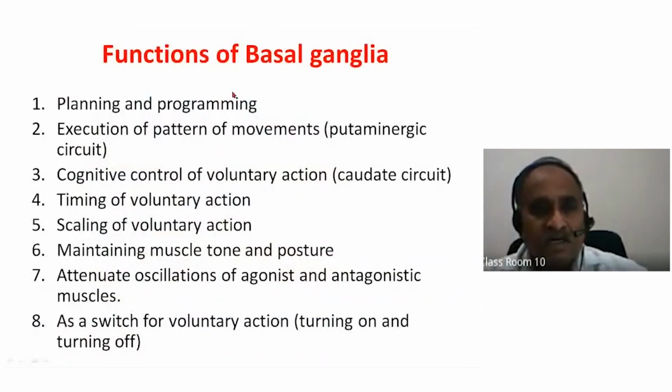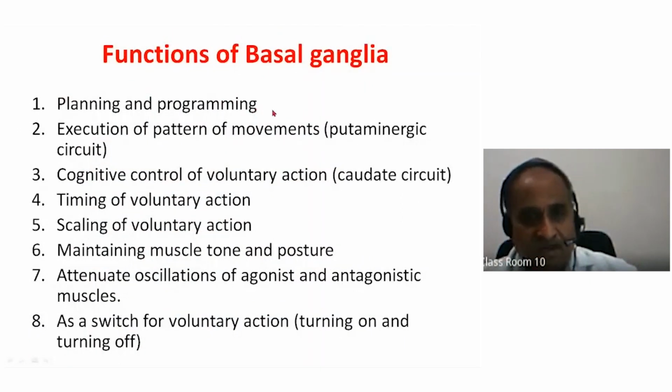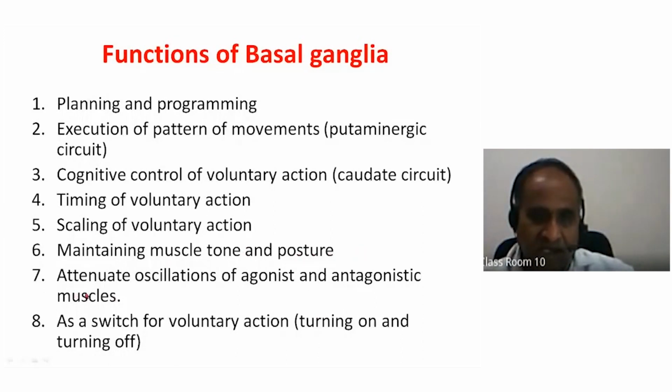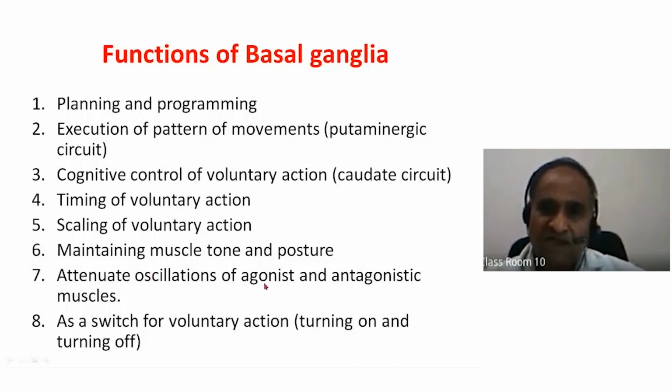Now, the functions of the basal ganglia are planning, programming, and sequencing of the voluntary movement, execution of the pattern of movements that involves the putaminergic circuit, executing the cognitive control of the voluntary action, the timing of voluntary action, scaling of voluntary action, maintaining the muscle tone and posture required for the voluntary action, and dampening or attenuation of the oscillations of agonist and antagonist group of muscles.